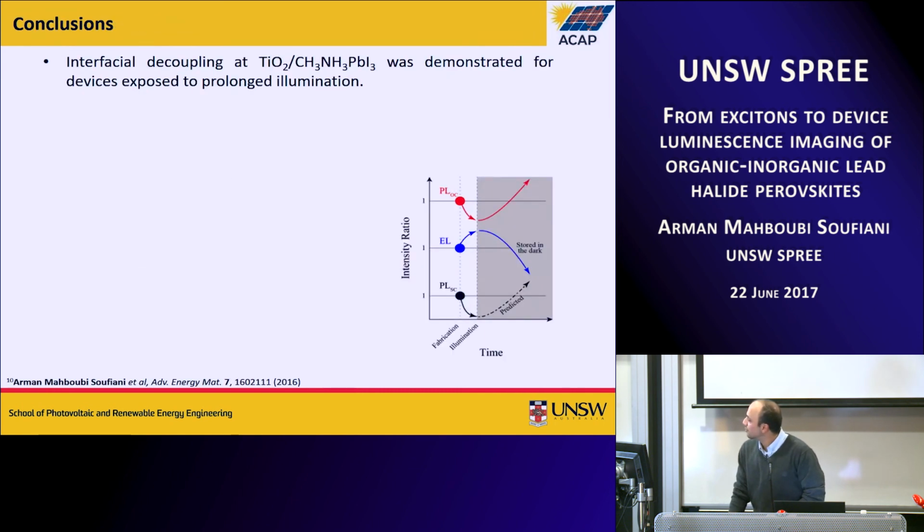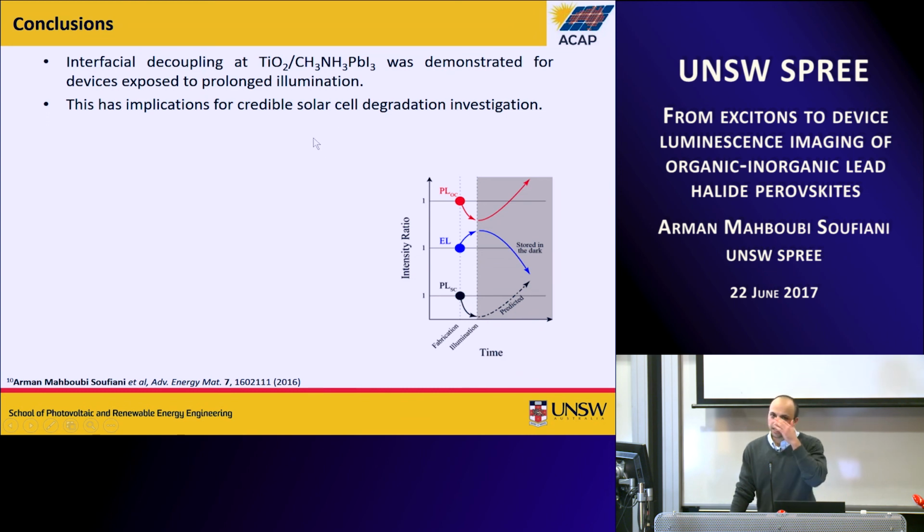So I hope that you have been convinced that the interfacial decoupling happens at the titanium and the methyl ammonium lead iodide perovskite upon prolonged illumination over time. And this has an important implication for credible stability investigation of these devices, because if you measure the IV on one spot and then condition the device and want to come back and again measure the IV, you need to measure the same spot.